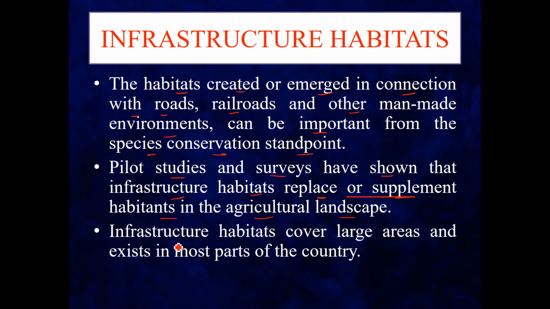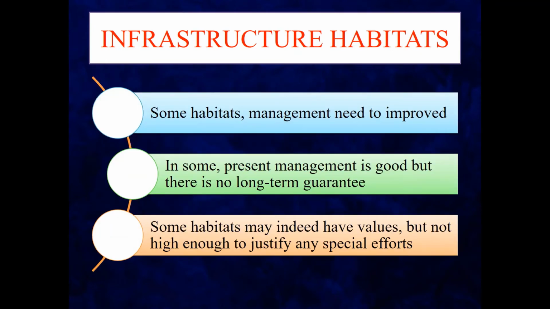Infrastructure habitats cover a large area and exist in most parts of the country. Simply, we call this infrastructure habitat if we develop something on it. Some habitats we have to manage and need to improve.